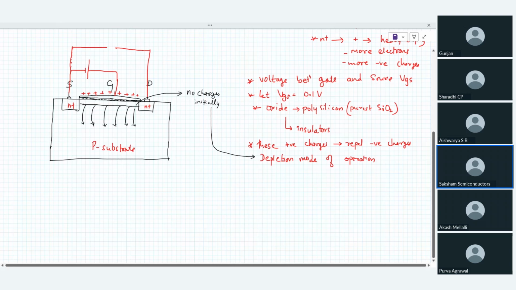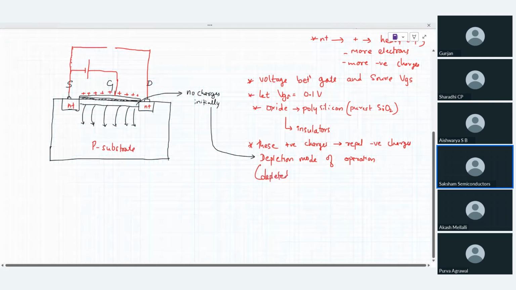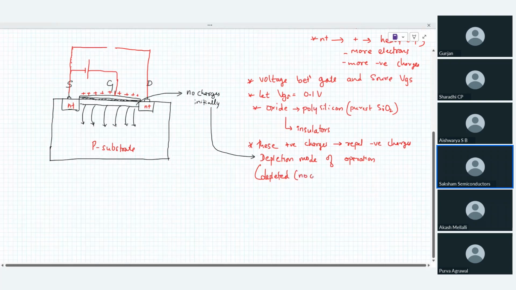But why do we call it depletion mode? Because this region is depleted of carriers or depleted of charges. What is depleted? Depleted means no charges. Depleted of, I say, carriers or charges. Carriers in the sense of charge carriers.